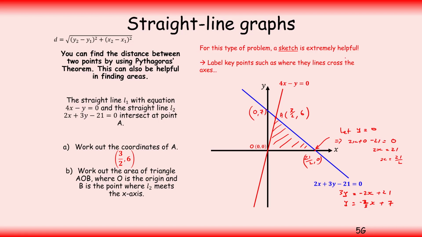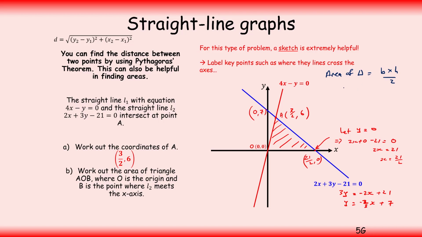Now, area of a triangle, let's do this in a different color. It's getting crowded now with space. Area of a triangle is equal to base times height divided by 2. So I know my base, the length of my base along here from 0 to 21 over 2 is 21 over 2.